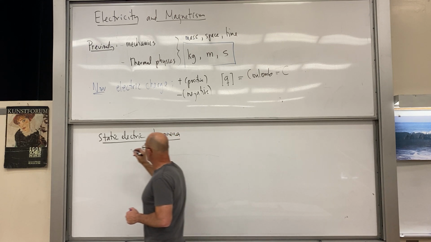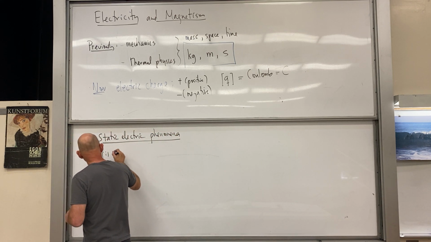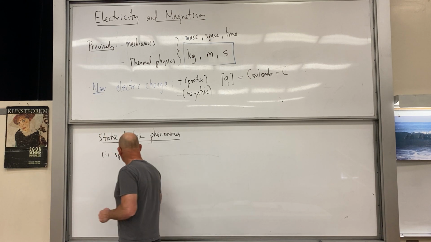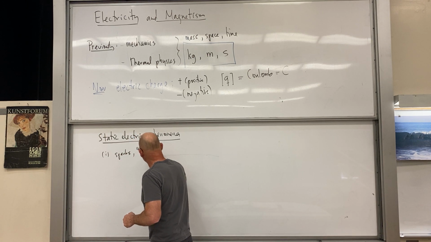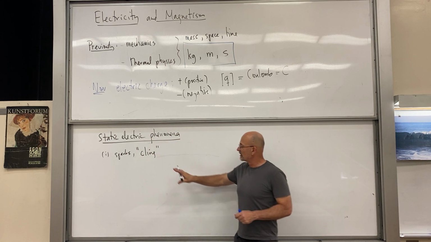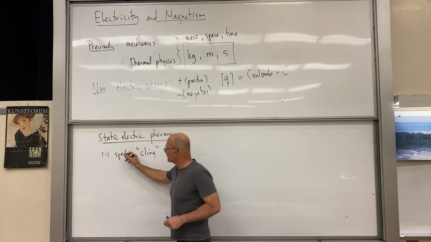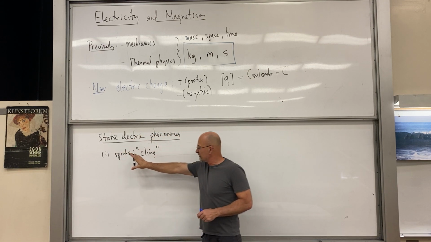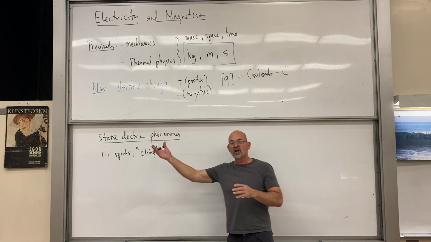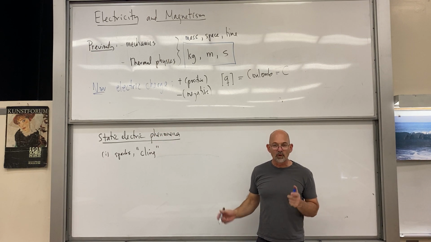So all these little sparks and then things that cling because they've been charged. You feel something here if you're subjected to it. If something hangs off the wall when it should actually be falling, there must be a force involved.